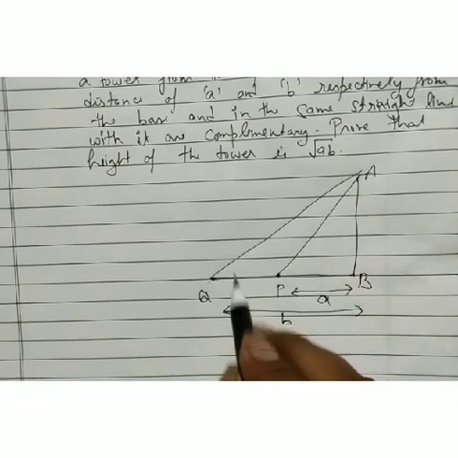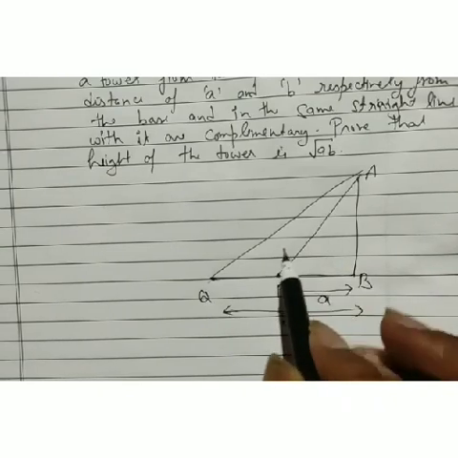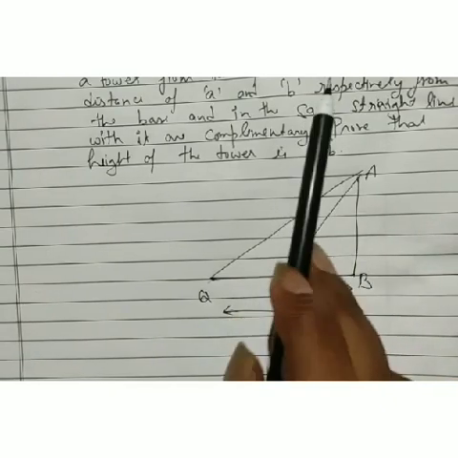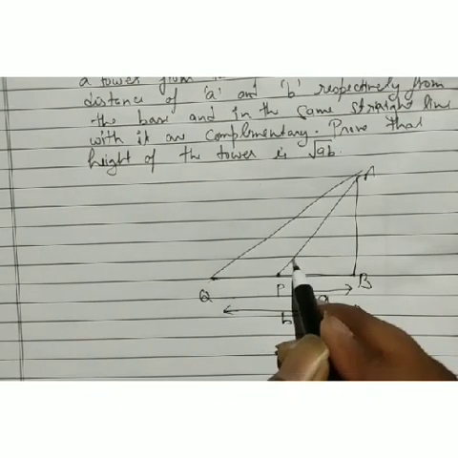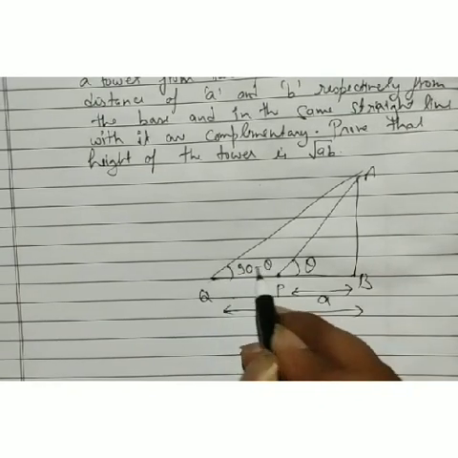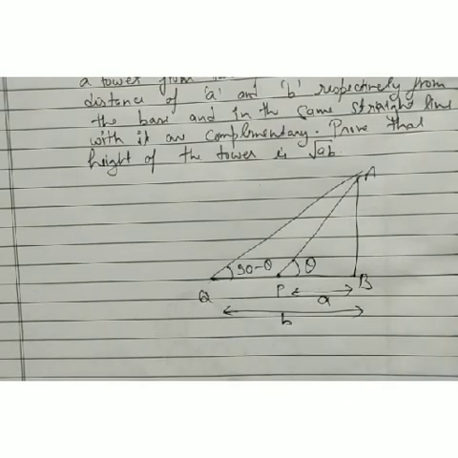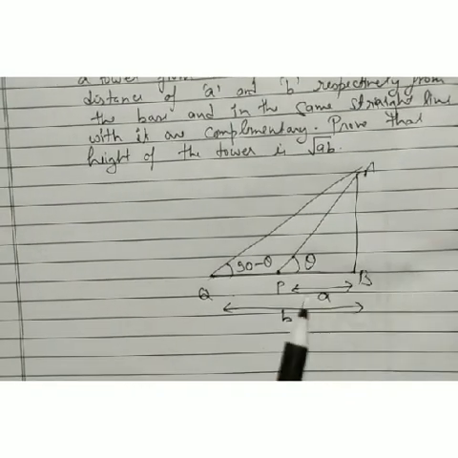You are free to take either one as theta, because it's just given that these angles are complementary. Just suppose I take this angle as theta, then this angle is its complement, 90 minus theta. Now we have a complete figure.